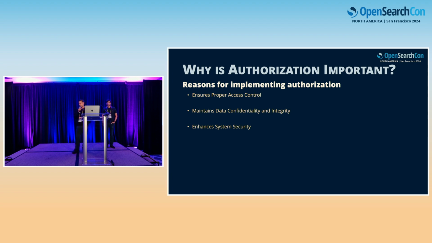It also enhances the security posture of your entire system. As we saw in the last slide, it supports accountability and auditing, as authorization is checked on each and every action. That's an opportunity to track those requests, make the person responsible in future, and also do the auditing. It enables granular access, which means you can group things together as groups, users, and so on, and make it more granular.